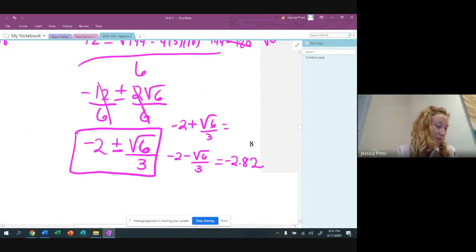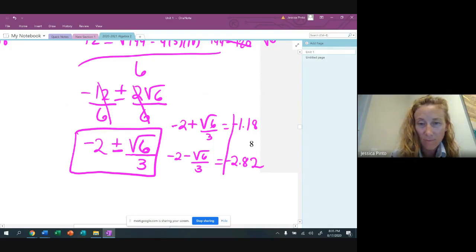For this one, 6 in the radical divided by 3 minus 2. And I got -1.18. And those are my other two solutions.